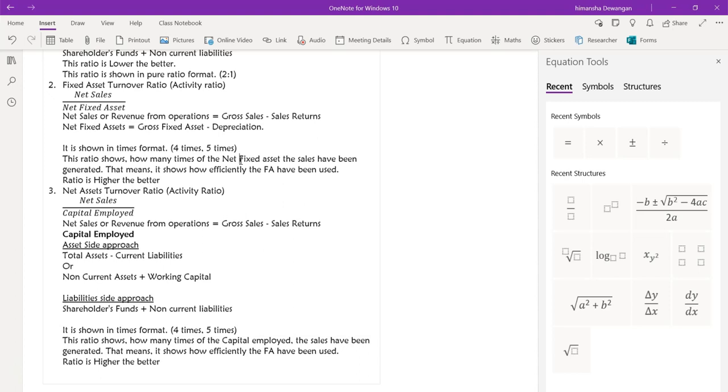Trade receivable turnover ratio, trade payable turnover ratio, working capital turnover ratio, fixed asset turnover ratio, net asset turnover ratio, all these ratios that we studied. Can you now see how we are evaluating whether we are working efficiently or not? How efficiently the capital employed has been used.